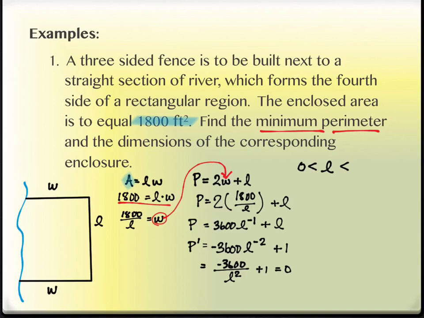Is there an upper end? What's sort of the maximum value that seems like a reasonable thing to say, I can't go beyond this? 1,800. Yeah, maybe like an 1800. Now that may not be exactly right, but it gives you an idea. Because if the L were actually 1800, the W would be 1, and technically you could still have an area, but you'd have this tiny little skinny rectangle.